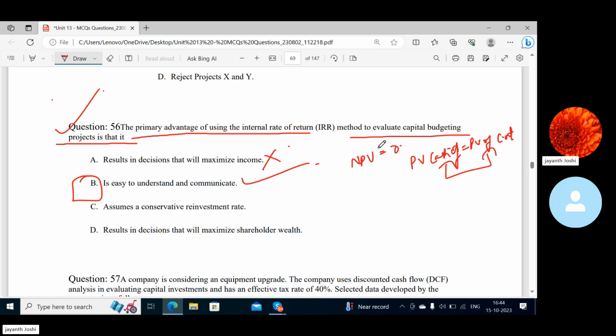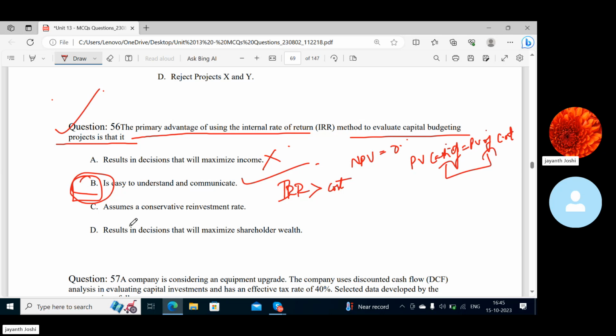It only shows the rate at which you will break even, right? Your present value of cash inflows will be equal to present value of cash outflows. So that gives us the clarity that the first option cannot be. And this is easy to understand and communicate, right? Because if IRR is more than the cost of capital, we select the project. So easily it can be understood. Assumes a conservative reinvestment rate.